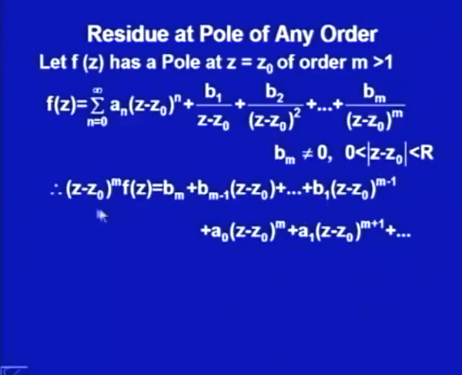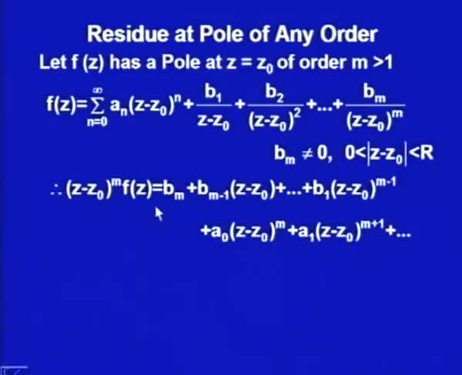But what do we actually want? We want the residue. The residue is b_1, the coefficient of (z - z naught)^(m-1) here. So, I cannot go with the simple method of taking the limit as z approaches z naught, because I want b_1.